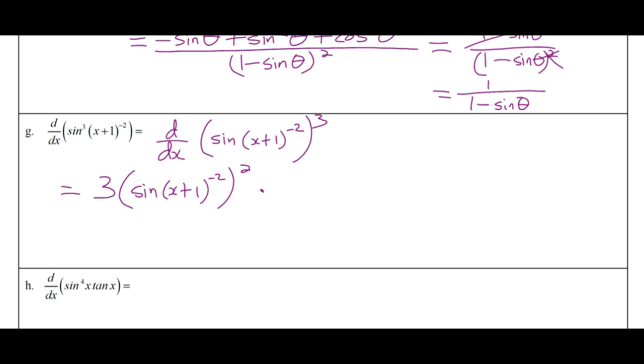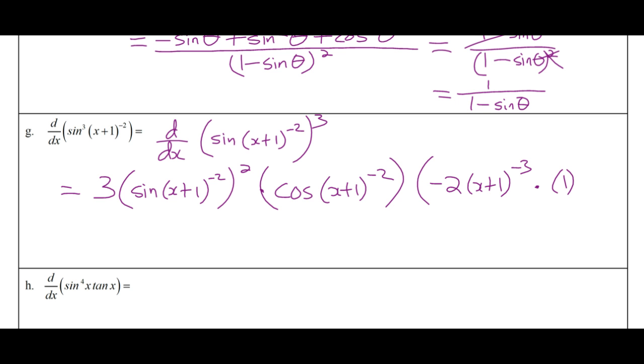The derivative of sine is the cos of, times the derivative of the inside function, which is x plus 1 to the negative 2. So that's negative 2 times x plus 1 to the negative 3, times the derivative of the real inner function, which is x plus 1, which is just a 1.